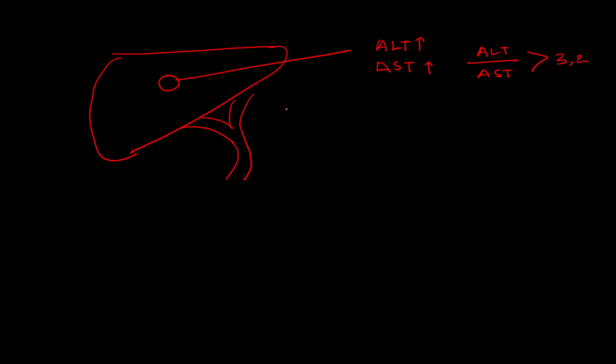Now, there are a few other biochemical assays that we can do. One would be ALP. In the next video I will be looking at ALP, but here I'm not going to say much about it. ALP is found both in liver and bone. The other would be gamma GT. Gamma GT is primarily present in the liver as well as the biliary system.